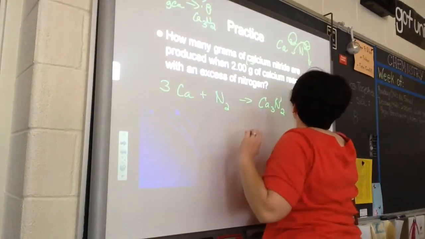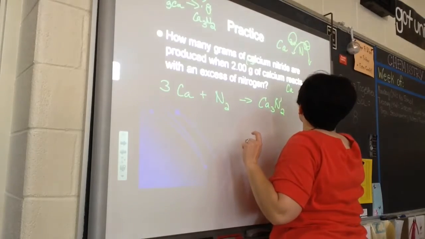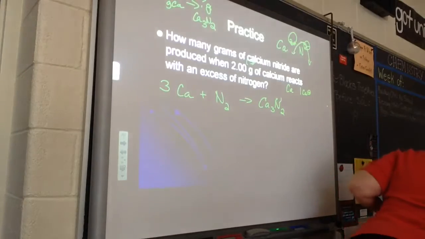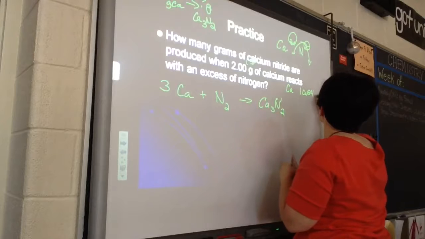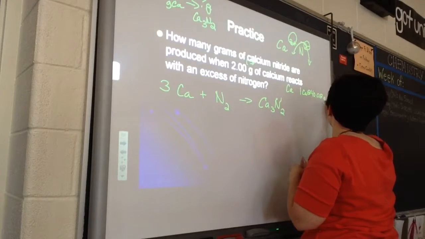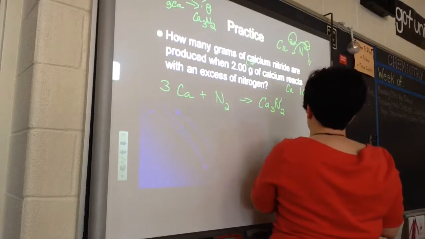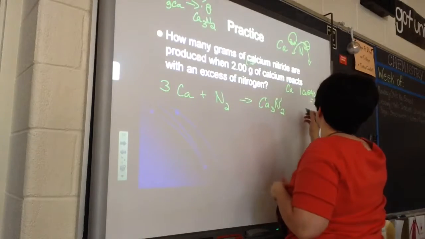For calcium, we've got 1 calcium. Somebody give it to me. 40.08. There's no math to be done here, so 40.08 grams of calcium is equal to 1 mole of the same. We have to do calcium nitride because we need it right here.